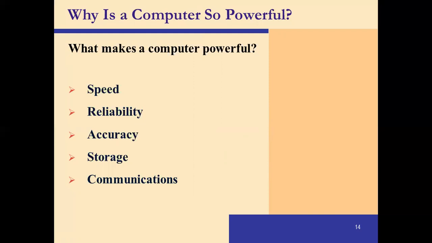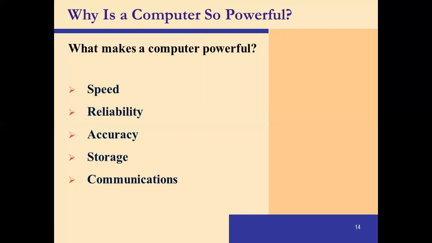Because it solves a complex problem within seconds. That's the speed of a computer to solve a specific problem. It is reliable. It's because it has already predefined functions that apply to your instructions, so that they can smoothly give your desired output.